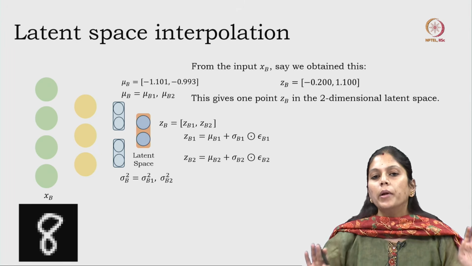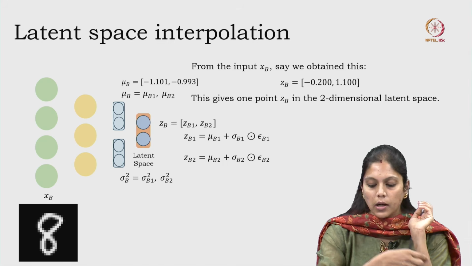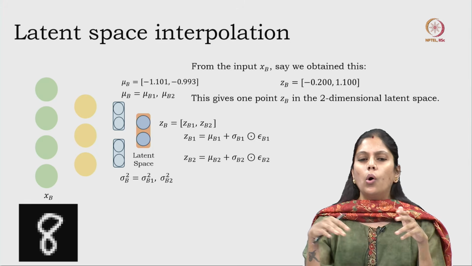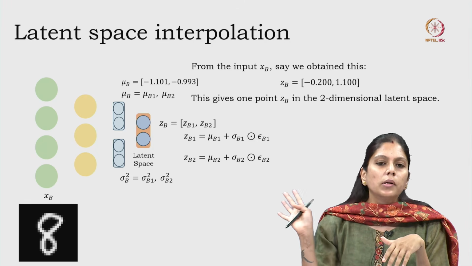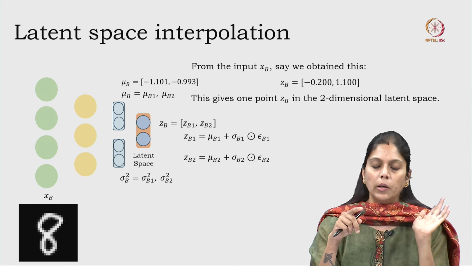So let us assume this is the ZB latent representation that we have obtained. How did we get it? I am just giving one direct example. After doing all of the calculation, let us assume this is the ZB that we have obtained. In order to understand, you can solve the problem once again.